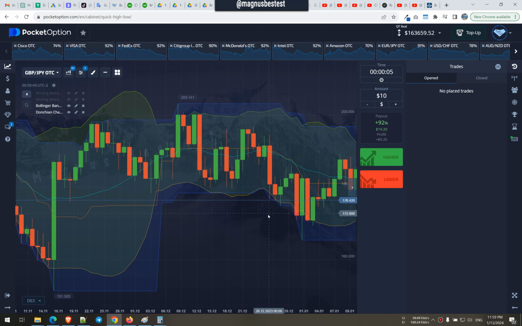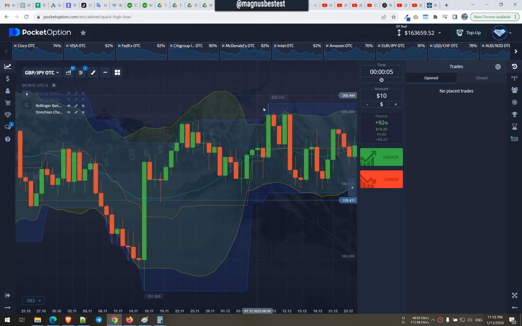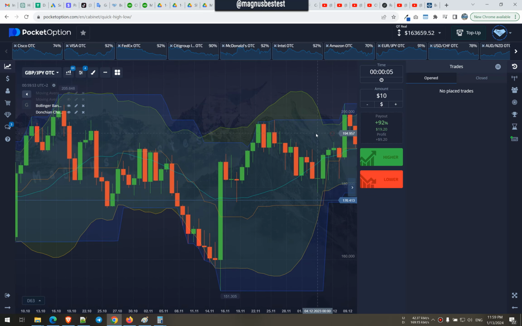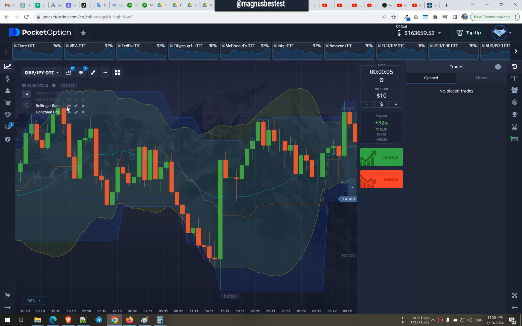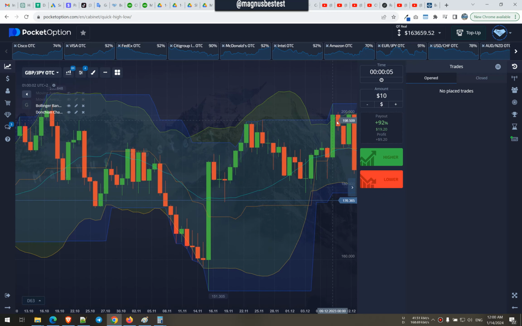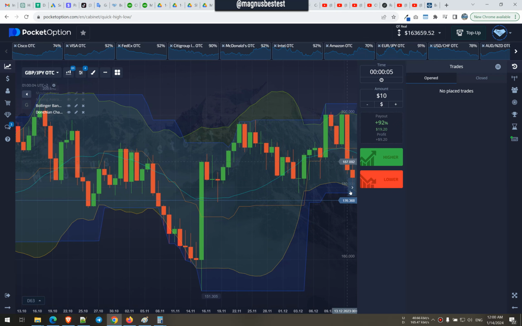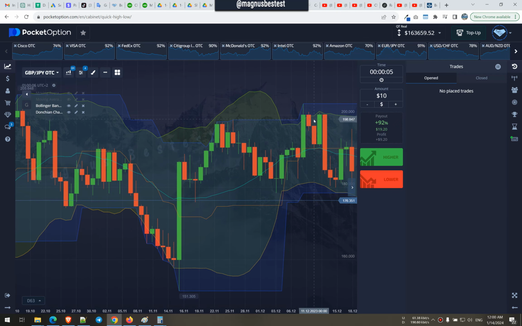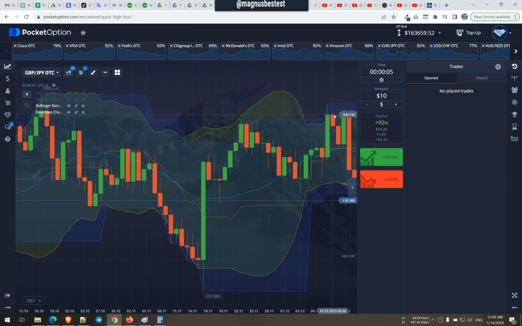As I explained at the beginning, with Bollinger Bands the price goes up like this to the top, and when it's rejected, you can basically trade downwards, because this is a reversal indicator that shows you it's already overbought.